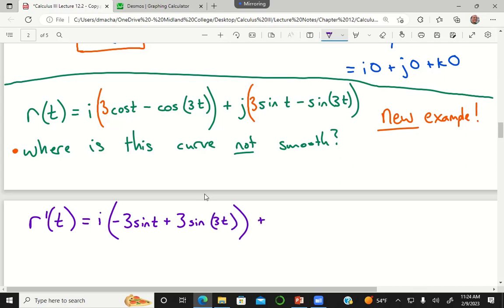My j component is going to be 3 cosine t minus 3 cosine 3t.